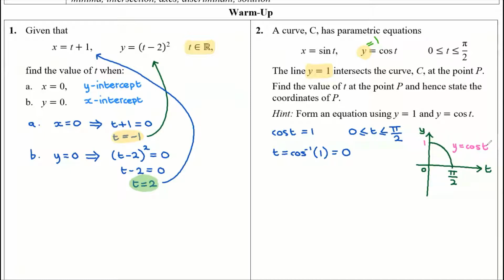Now that means that t equals 0. What does that tell us about the x value? Given t is equal to 0, we know that x would equal sine of 0, and sine of 0 is of course 0.